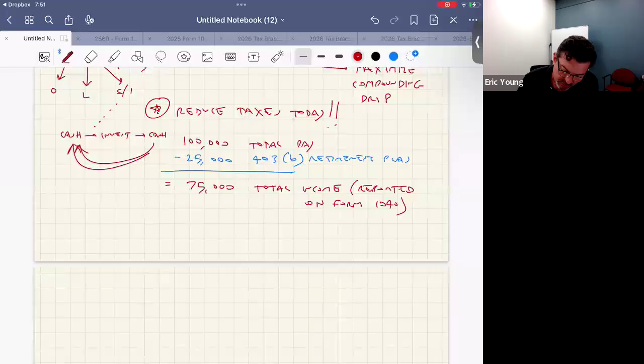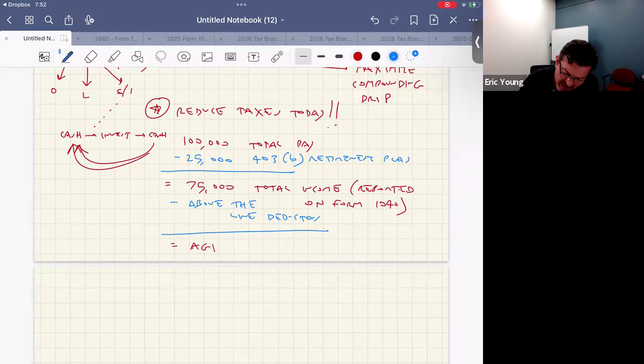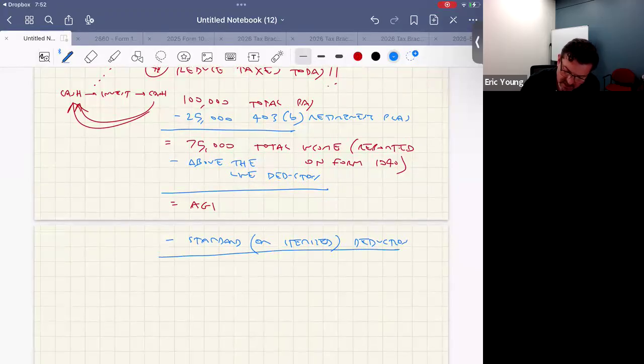This $75,000 in turn, this is then reduced by your above the line deductions. And this is what gives you your AGI. And then from there, that's reduced by your standard or itemized deduction. And this is what gives you your taxable income.